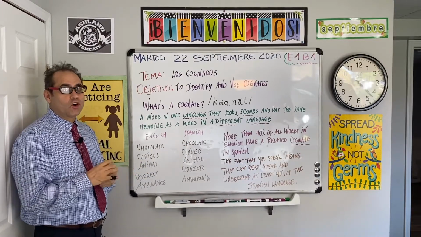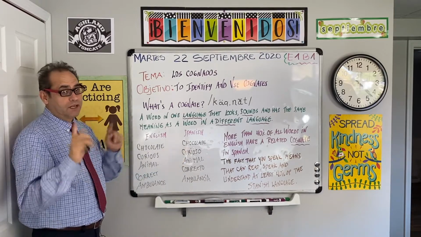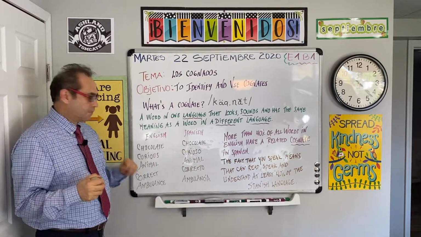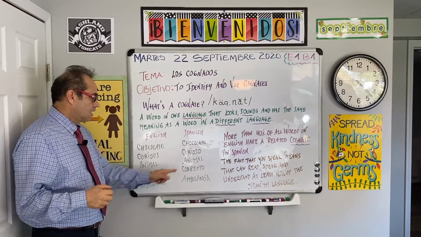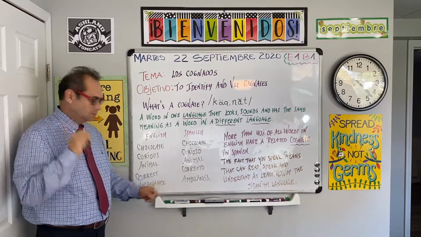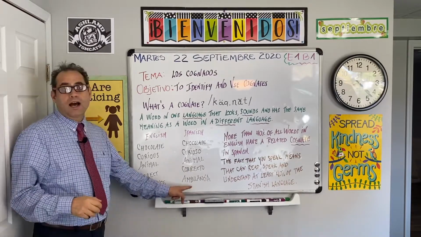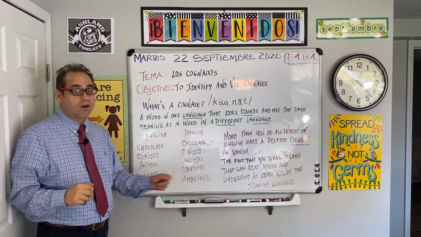For example, in English we got chocolate, chocolate. Curious is curioso, but if it is a girl, curiosa. But here it doesn't have a gender, only in Spanish. Animal, animal. Correct, correcto. Ambulance, ambulancia. Somebody said, no, it's ambulancia, okay?